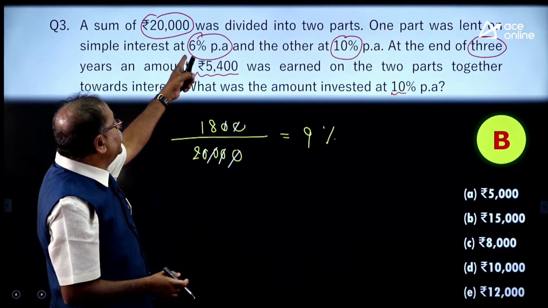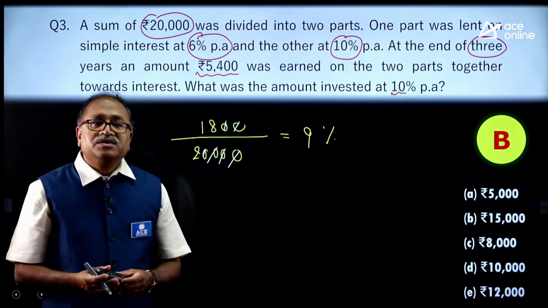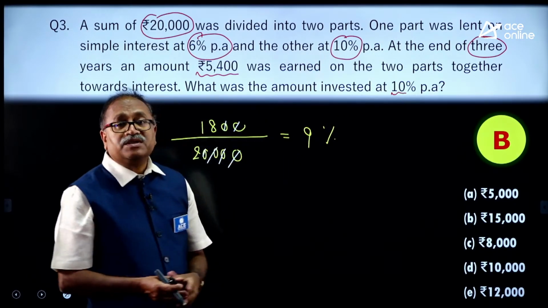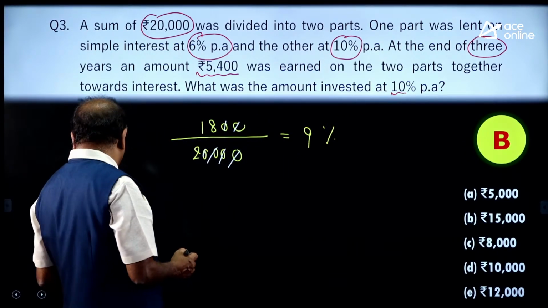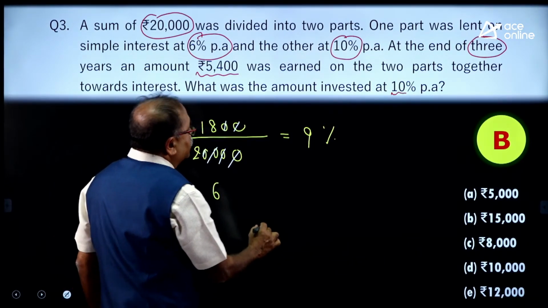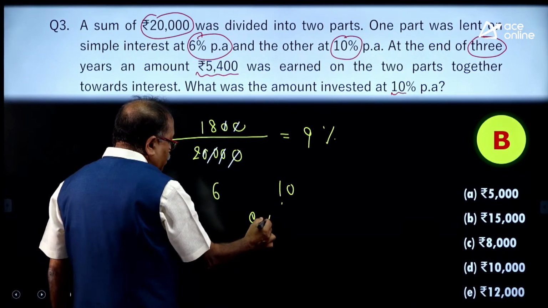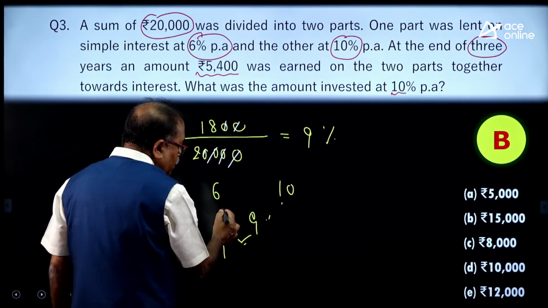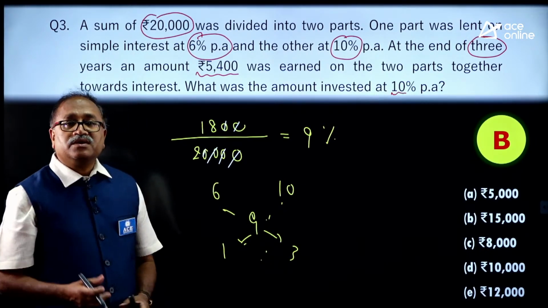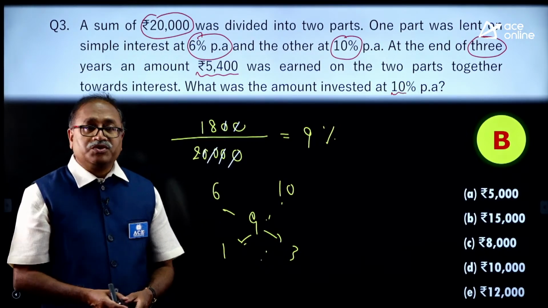So, the lower interest, higher interest and mean interest are there. Now, apply the alligation mixture method and you can find out how much is invested at 10% per annum. Let us complete that part also. Here, first one is 6%, the second one is 10% and the mean is 9%. So, the difference over here is 1 and the difference over here is 3. That means the sums invested at 6% and 10% are in the ratio of 1:3.